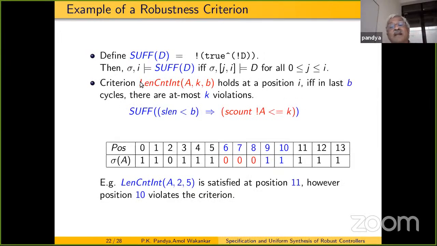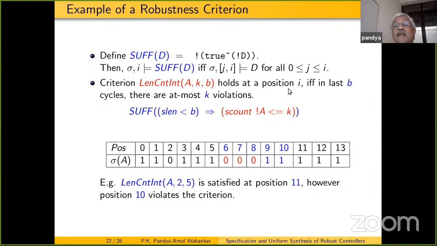Here I have a criterion called length count int with two integer parameters k and b, specified by this formula in blue and red. It says all suffixes of my behavior should satisfy the formula in the blue bracket. The formula in the blue bracket says if my suffix spans an interval whose length is at most b cycles, then the count of violations of A is at most k.